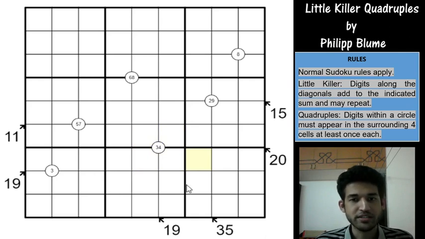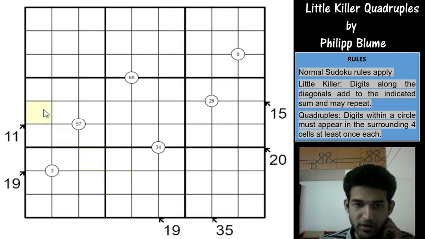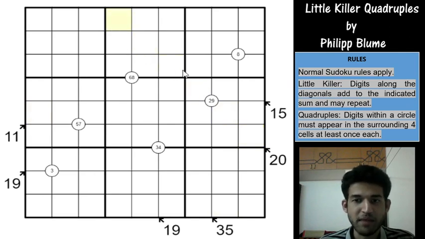So the thing to notice in this Sudoku is that if you consider any clue by itself, by any clue I mean the little killer clues, you'll never get anything. You cannot use any minimum, maximum logic, nothing. The 11 is restrictive, but even the 11 has lots of degrees of freedom.